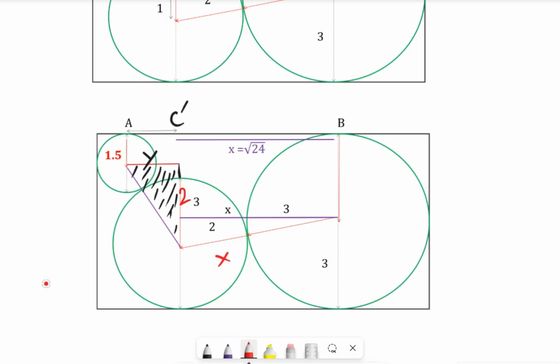And of course, from this point to this point, this is N point, and this is O. So ON is equal to, up to this radius is 2, and this one is 1.5. So ON is equal to 3.5. And now our main objective is to determine this length.